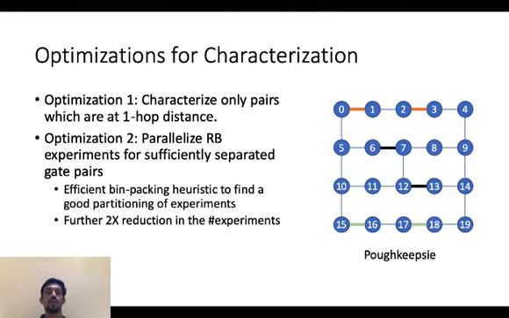Next, we can parallelize experiments for gate pairs which are sufficiently separated. For example, here I can run characterization for the orange pairs, for the black pairs, and for the green pairs all together. And this can give us a further 2x reduction in the number of experiments. And in the paper, we develop an efficient bin packing heuristic that helps us find such partitionings.